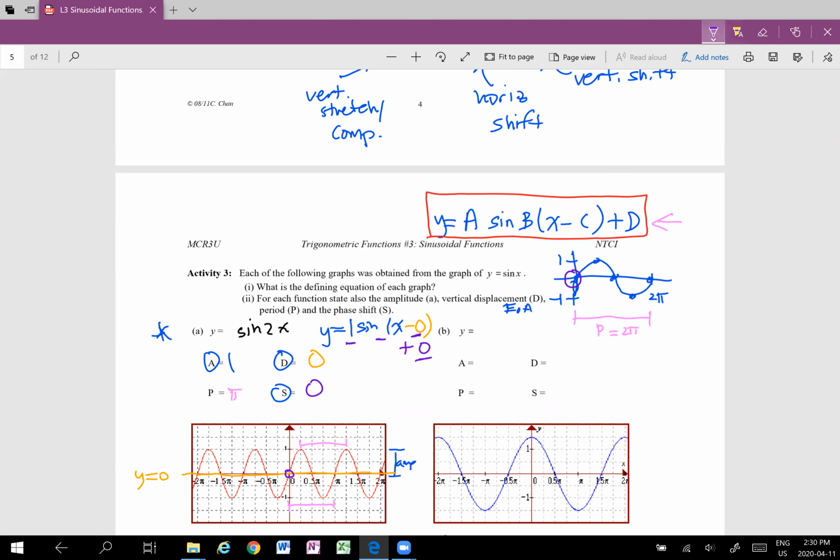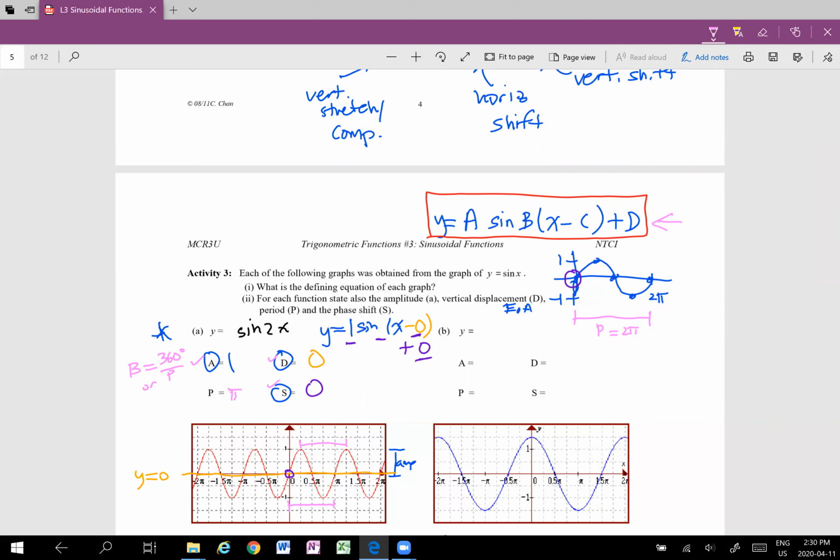So what is the P or the B value? They are related, but notice, unfortunately, we can't just plug in the P as the B. That's why I'm trying to show you, ladies and gentlemen, the A, D, and S seem to be the easiest ones. So there is a relationship between the B value and the period. If we were working in degrees, you take 360 degrees and divide it by the period.